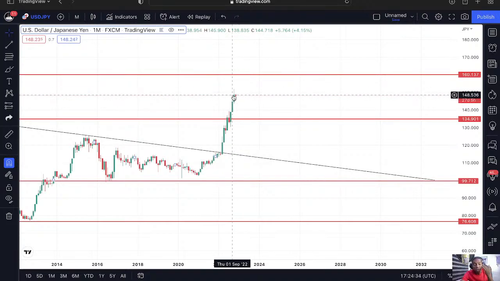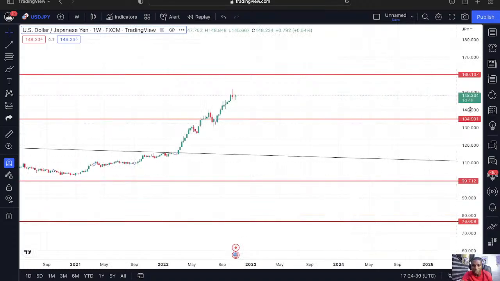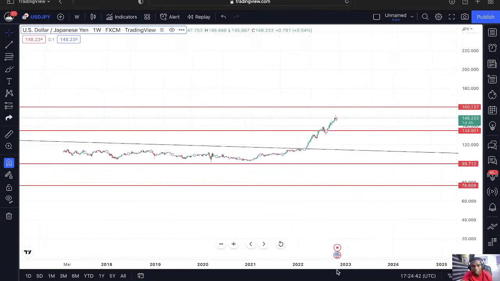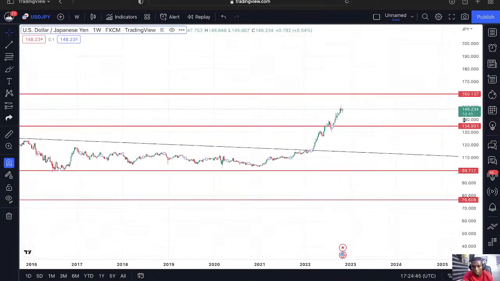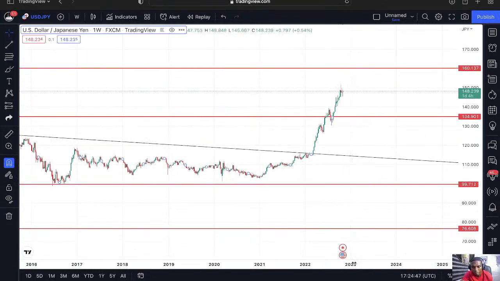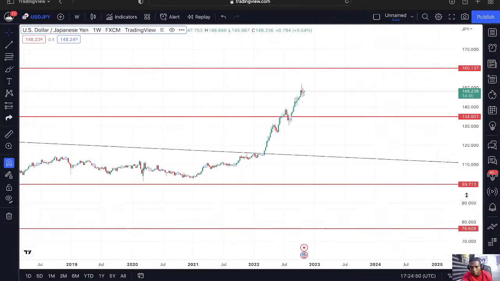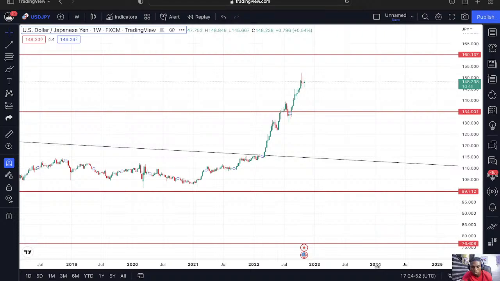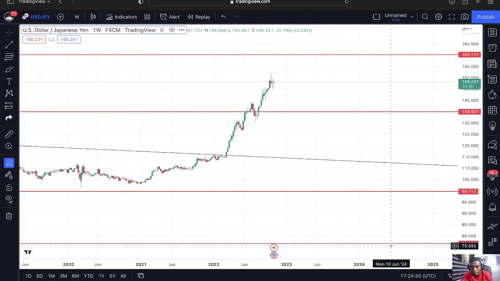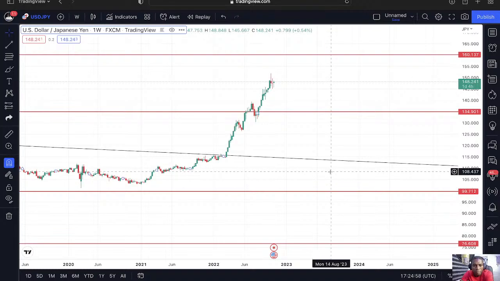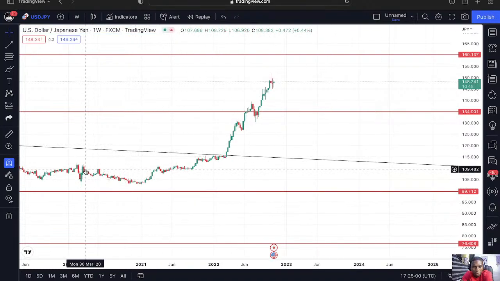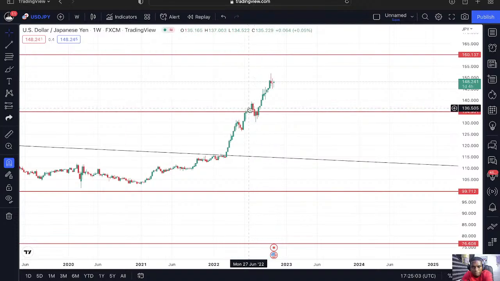All right, so let's go down to the weekly time frame. What is the weekly time frame saying? Here we can see price came here, went up, and broke out of that downward trend line and moved up.